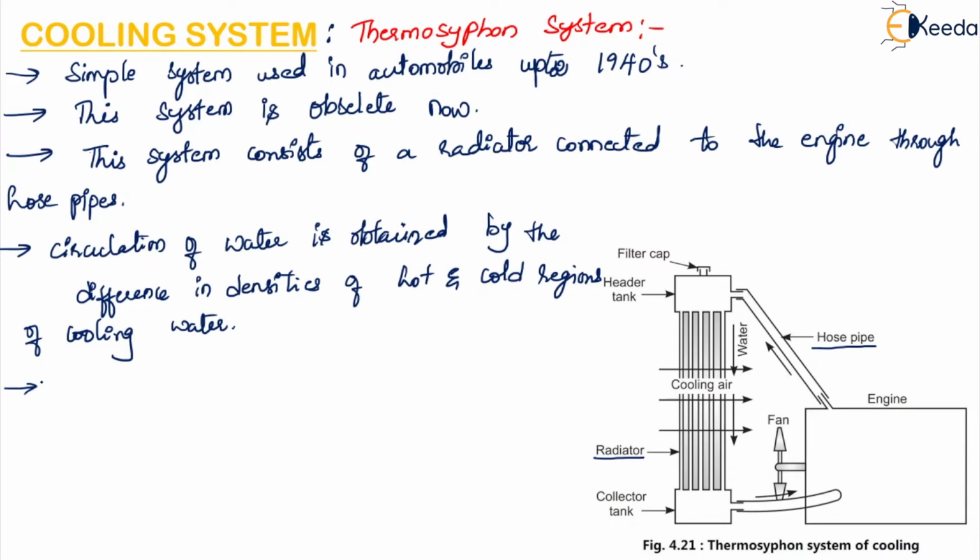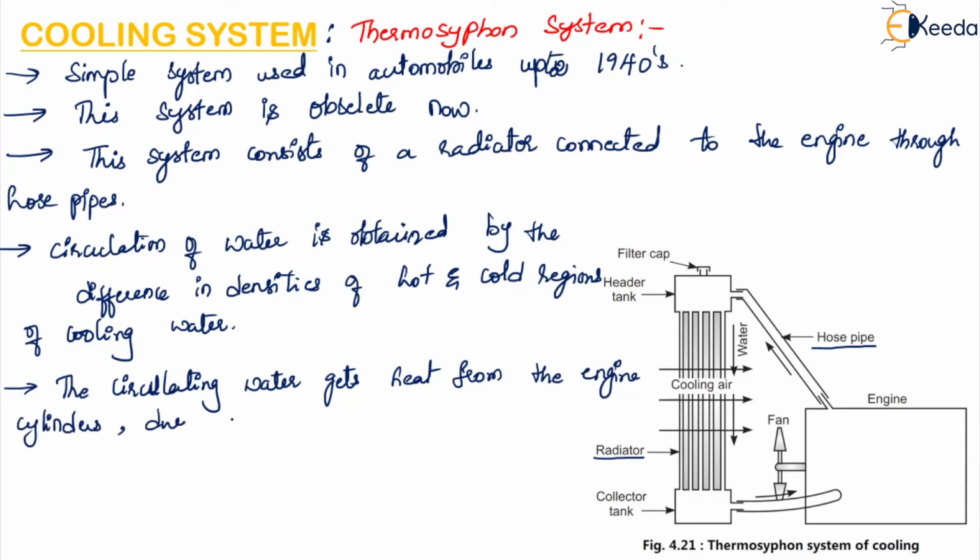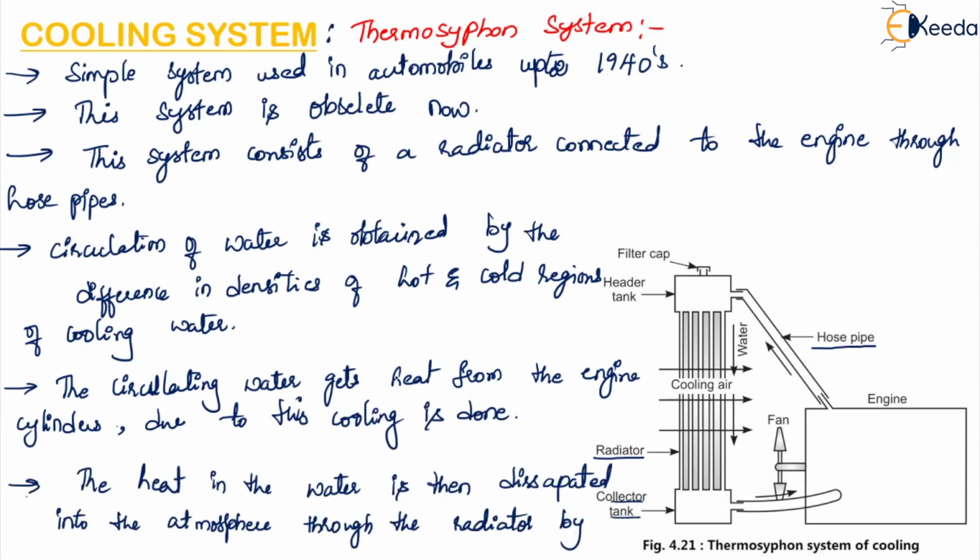The circulating water gets heat from the engine cylinders, and due to this, cooling is done. That is, the heat is carried away from the cylinder by the water. Then this heat in the water is dissipated into the atmosphere through the radiator.